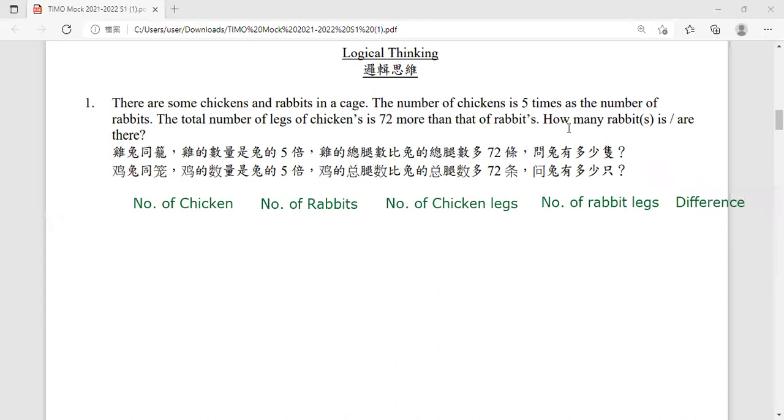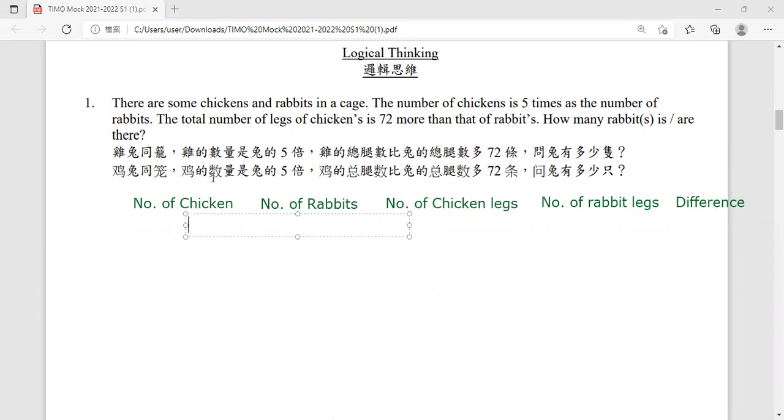We make a chart something like this. A rabbit has 4 legs, and a chicken has 2 legs.